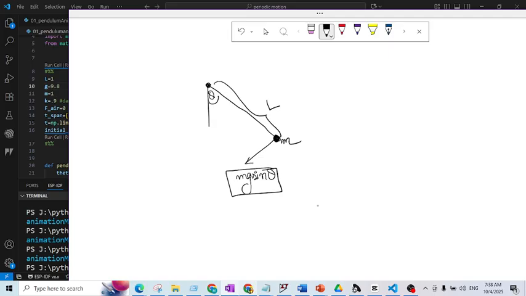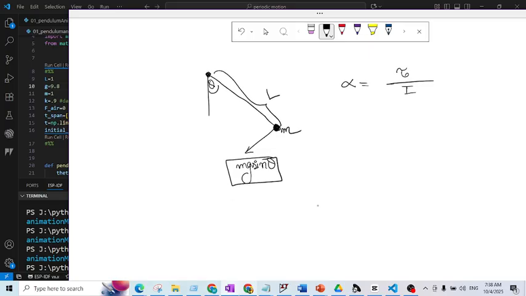So first of all, we have to define alpha. We know alpha, the angular acceleration, is torque divided by moment of inertia.